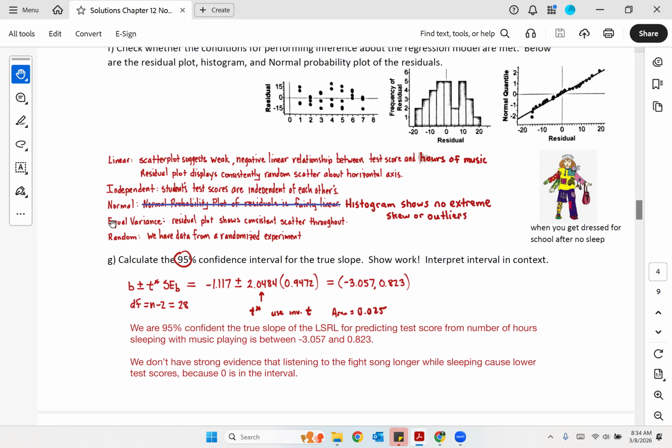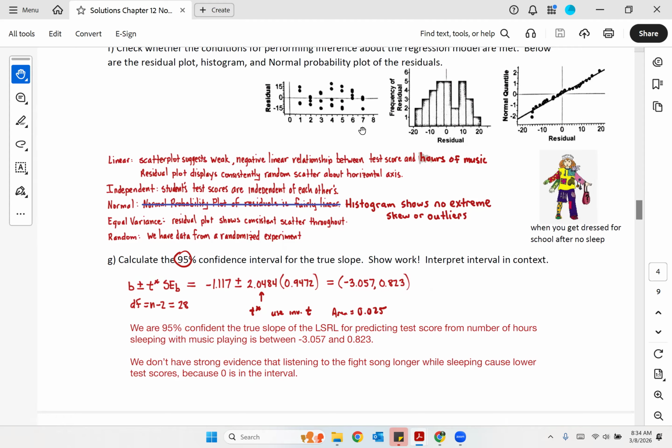All right, equal variance. This is the iffiest of our memory device names because really it's a variance or variation or standard deviation condition, but we do want the spread to be roughly equal regardless of the value of x. And this is where we look again to the residual plot, and it's the constantly random scatter is what gives us what we want.